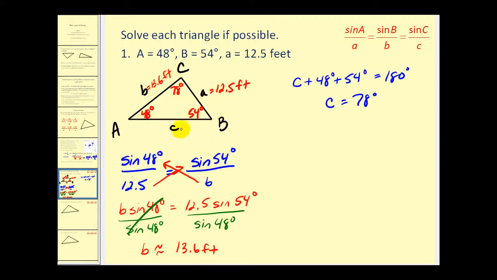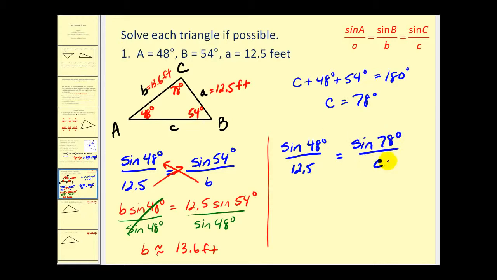Now we still have to find the length of side C. We cannot use the Pythagorean theorem because it's not a right triangle, but we can use the law of sines again. To get us started, I will use the ratio of the sine of angle A divided by the length of side A. And now we'll use angle C, so the sine of 78 degrees divided by the length of side C. So again, this proportion is stating that the sine of 48 degrees is to 12.5 as the sine of 78 degrees is to the length of side C. We'll go ahead and cross multiply again.